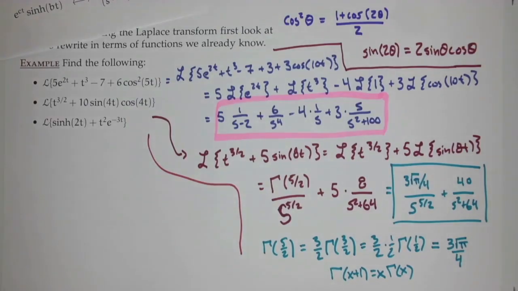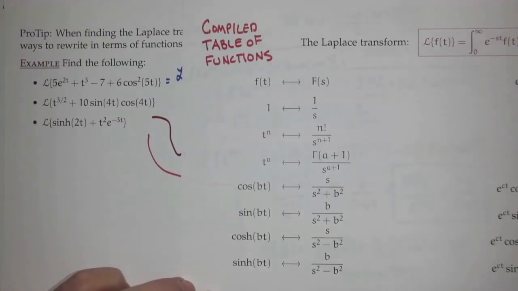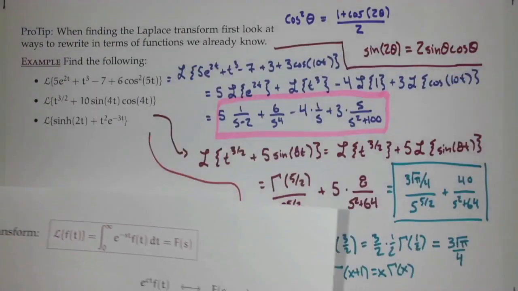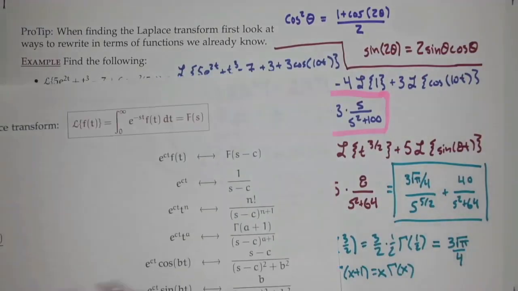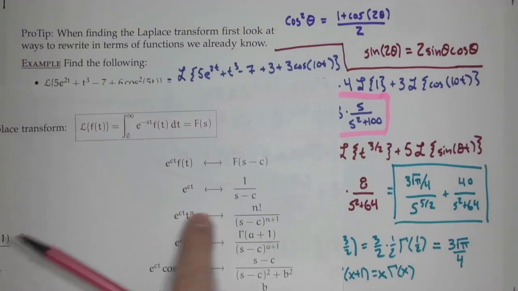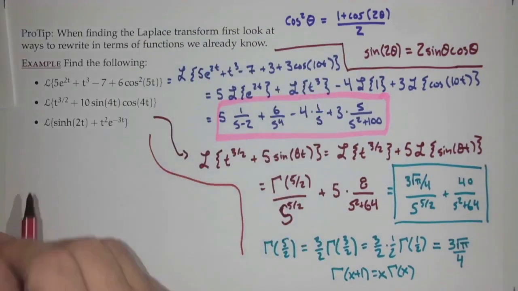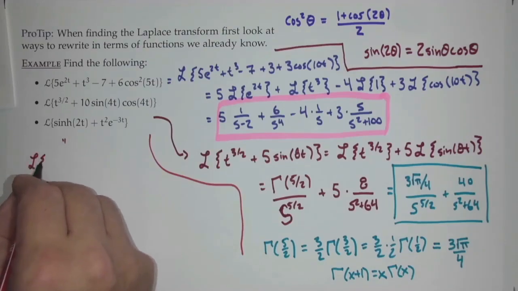Now here, we've got 2 functions, sinh of 2t. Can we do that? Is that on our list? Yes, that'll be pretty straightforward. T squared e to the minus 3t, can we do that? Yeah, so we have t to a power, exponential function, that's on our list. Again, we can break it up into 2 parts.